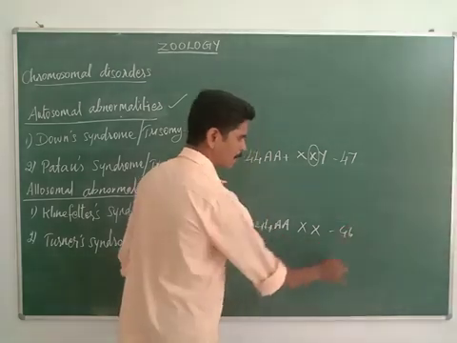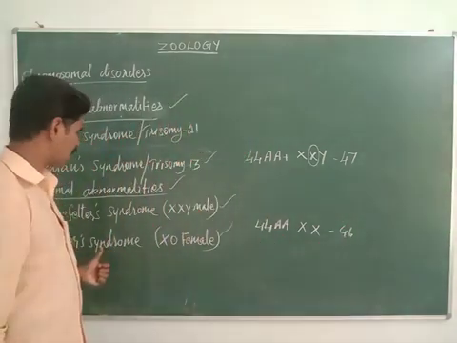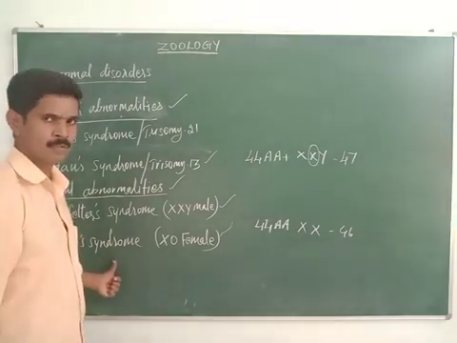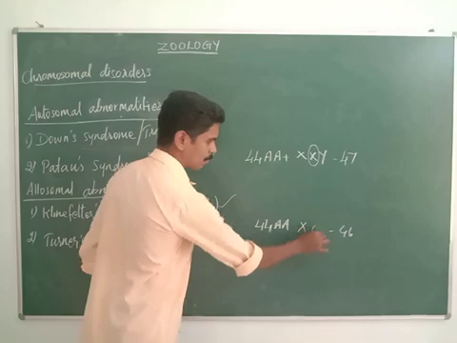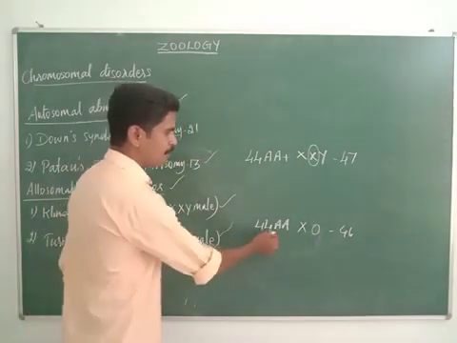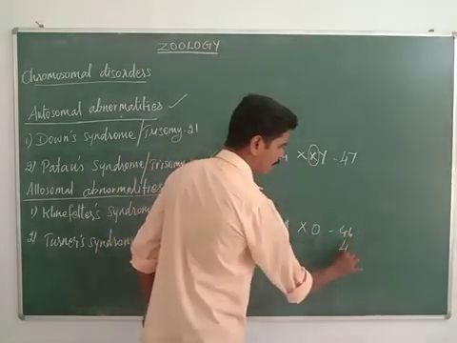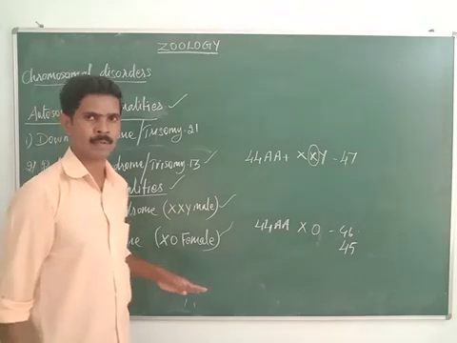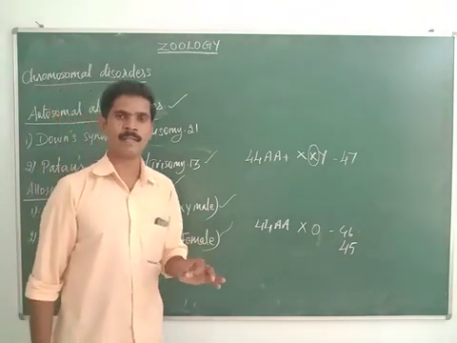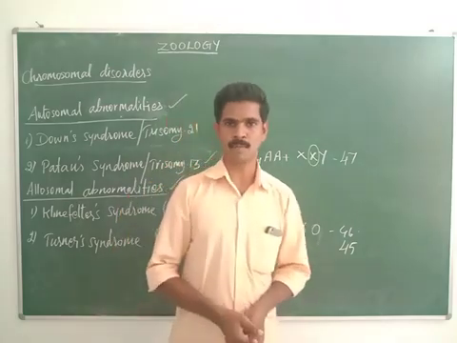But in the women affected with Turner syndrome, they get only one X chromosome. So 44 plus 1 is 45. They have only 45 chromosomes. One sex chromosome is absent in their body, so they get only 45 chromosomes instead of 46 chromosomes.